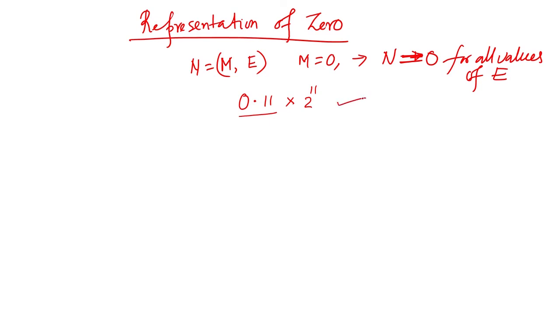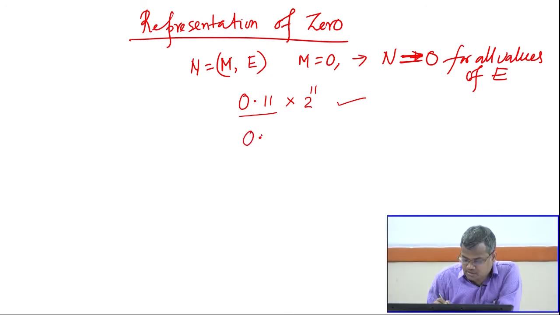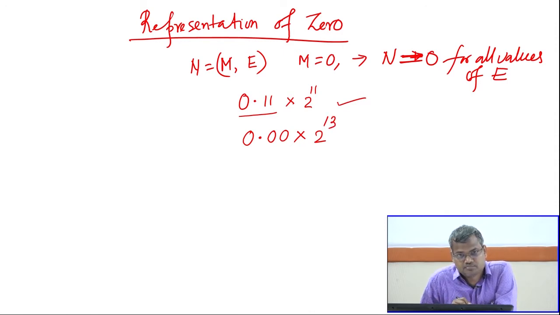Now you do some operation, addition, subtraction or multiplication, and you get a number, let us say 0.001 into 2 to the power 13.